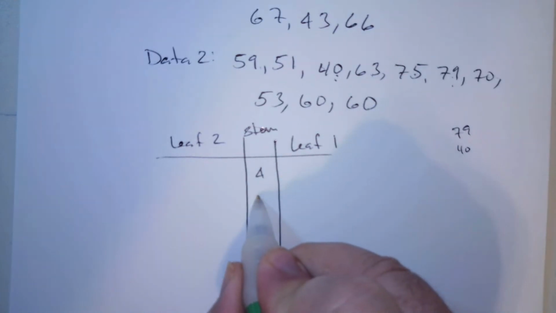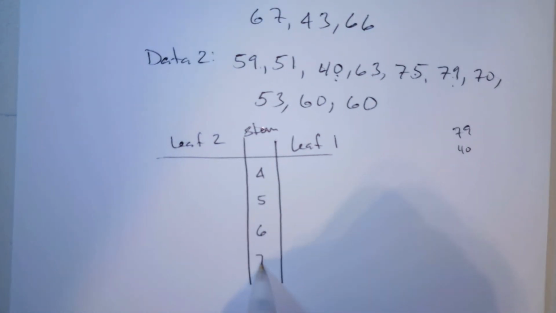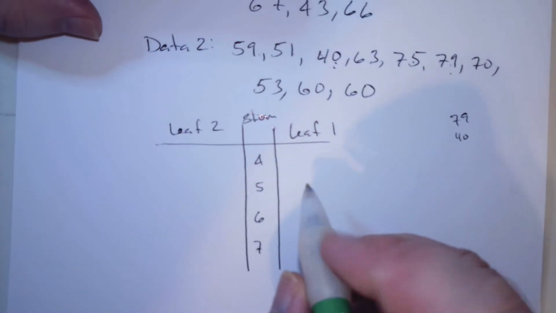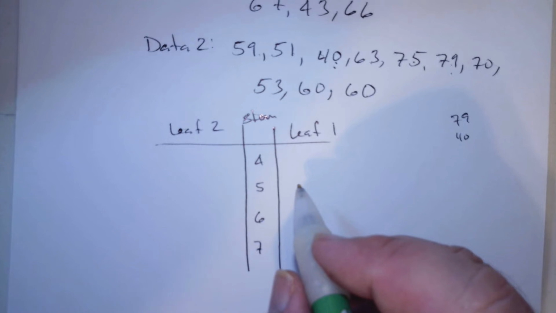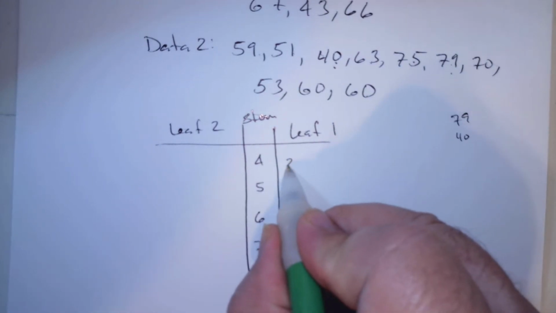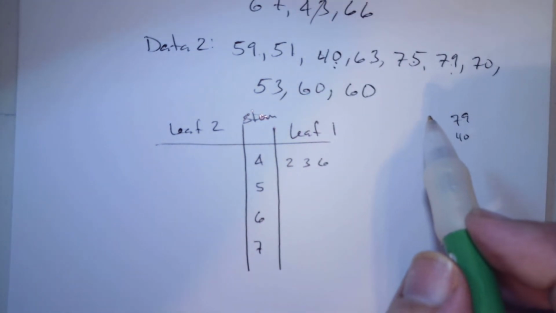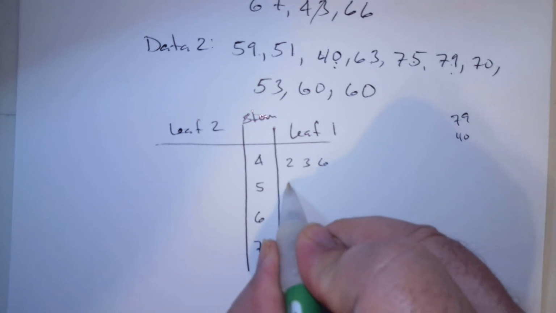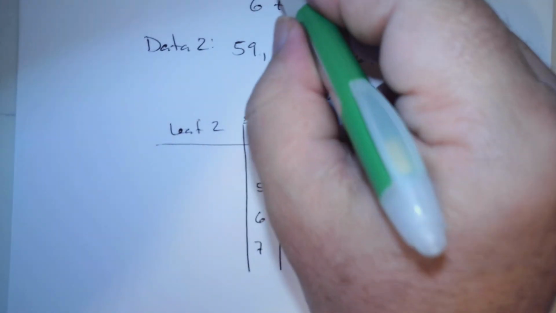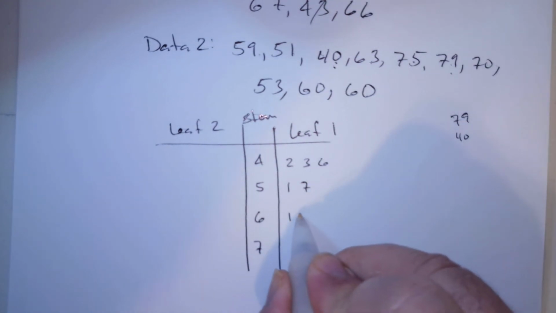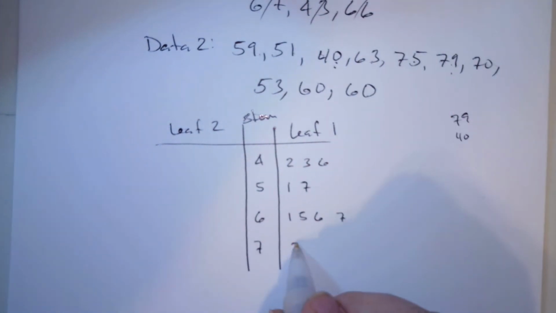So 40, 50, 60, 70. Now, leaf 1, I look for 40s. I have 42, 46, 43. So it's 2, 3, 6. 50s, I have only 2, 51 and 57. 60s, I have 61, 65, 66, and 67, and 72.